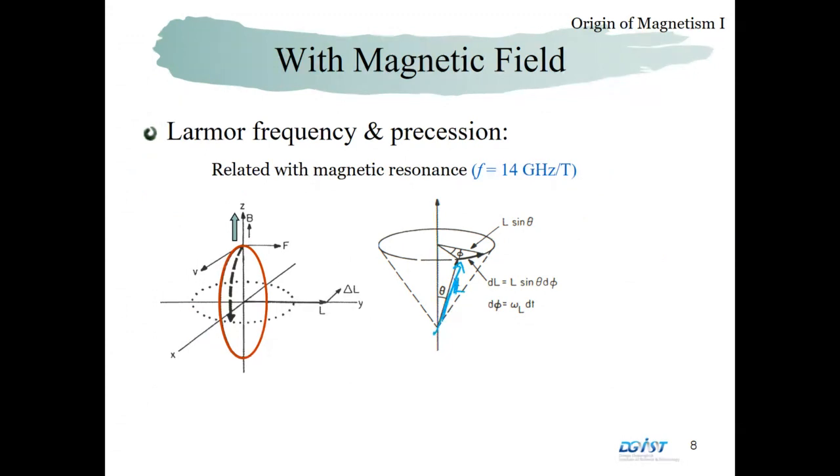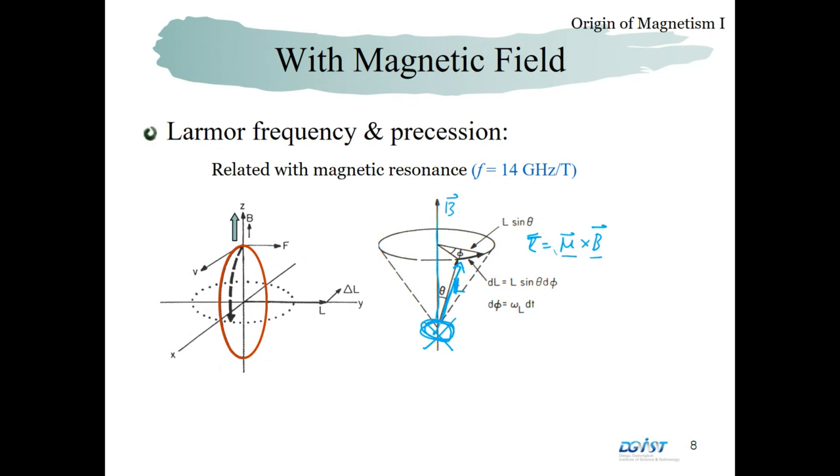Underneath of this angular momentum, we have a circular motion here. But just ignore this part, very confusing. So the direction of torque, let's say this is B, and the direction of this torque is perpendicular to the mu and B. They are mutually perpendicular, or they are perpendicular to the plane made by those two vectors.